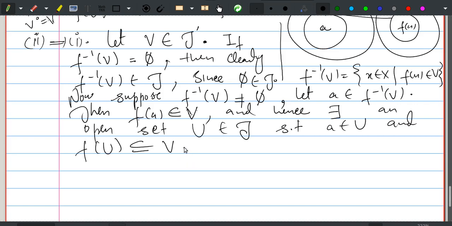Now that means V is a neighborhood of f(a).